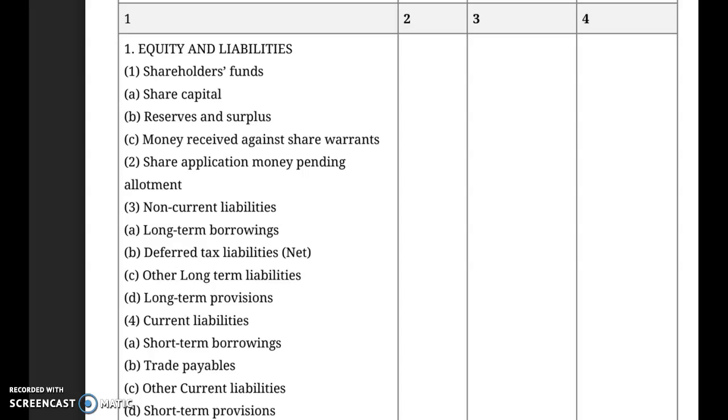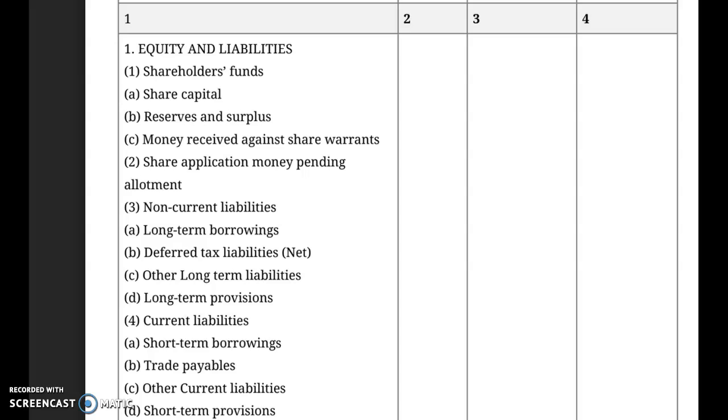Under equity and liabilities, shareholders' funds is given as one head, and under shareholders' funds you have been given items like share capital, reserves and surplus, and money received against share warrants. Now for example, if you are asked in the examination in which head you will show reserves and surplus, or how reserves and surplus will be shown in the balance sheet, your answer will be as per the heading and subheading.